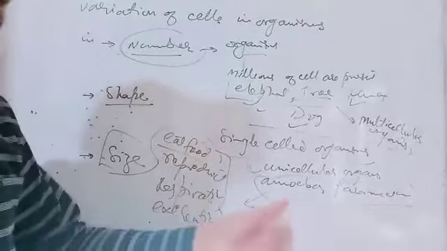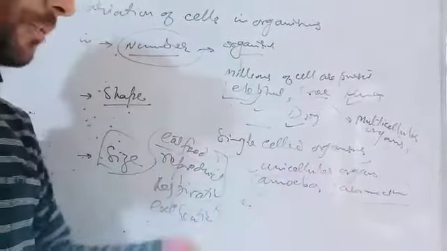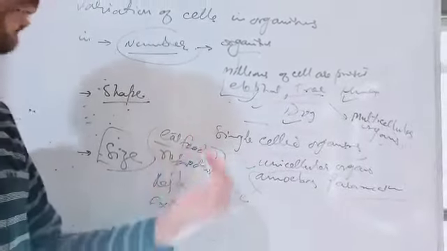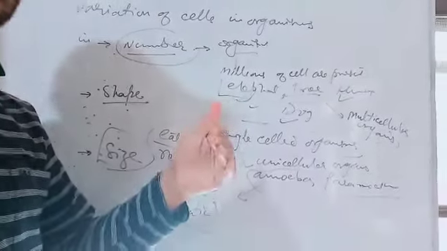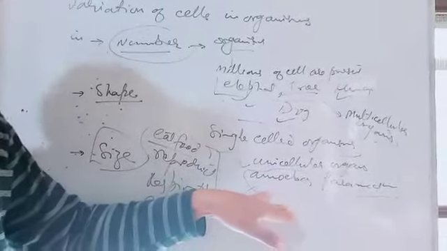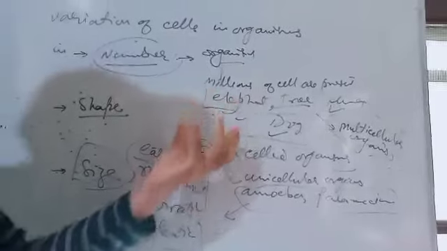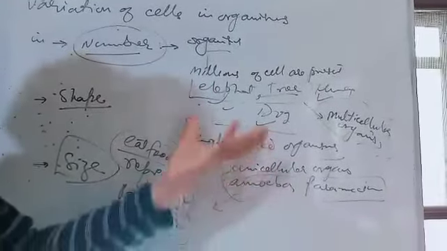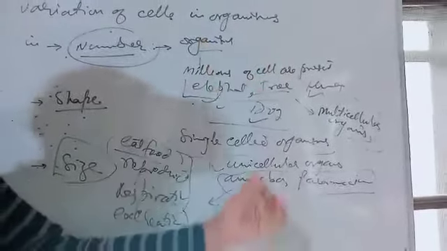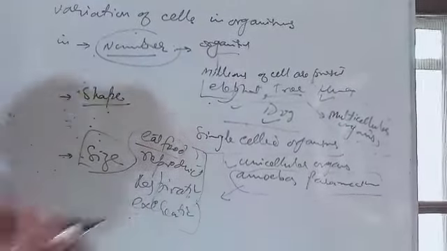These functions are more efficient in multicellular organisms, but less efficient in unicellular. For example, eating of food is more complex in multicellular organisms and less complex in unicellular organisms. That is the efficiency of performing life functions. It was about the number of cells.